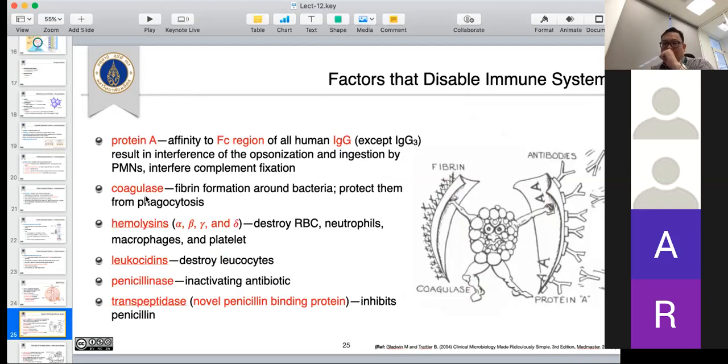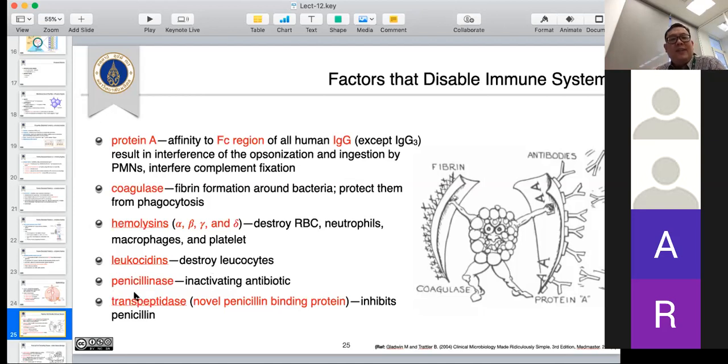Coagulase makes the blood clumpy and protects from phagocytosis by PMN, okay? Hemolysin destroys red blood cells, destroys neutrophils, destroys macrophages, and even platelets. Leukocidin, this is a toxin that destroys macrophages and neutrophils.